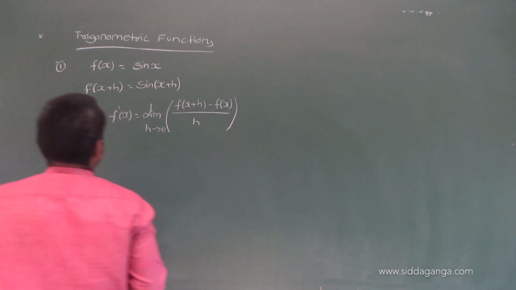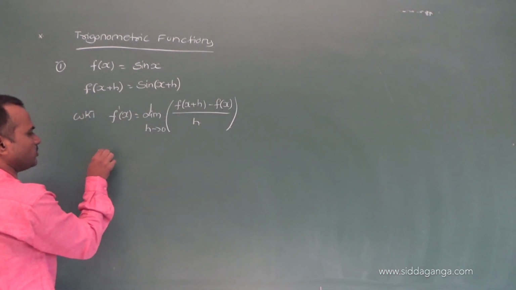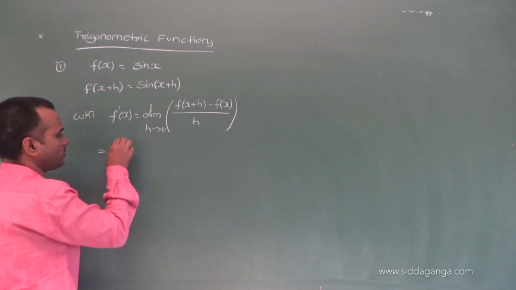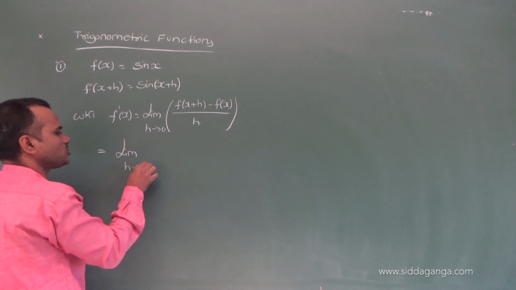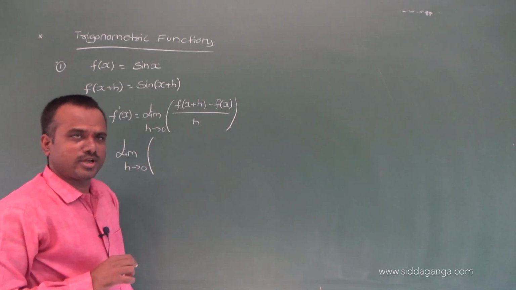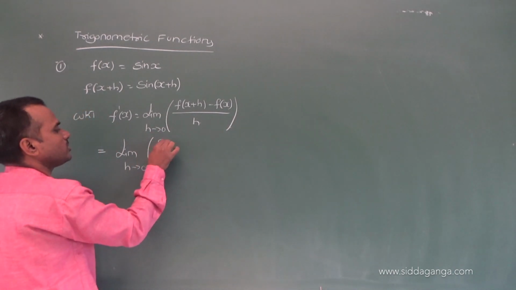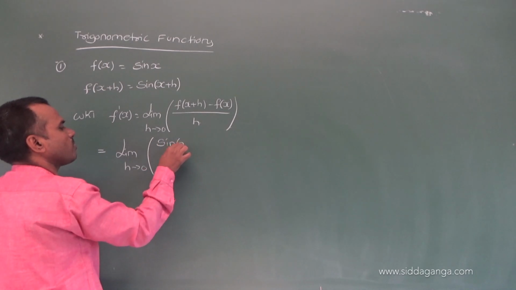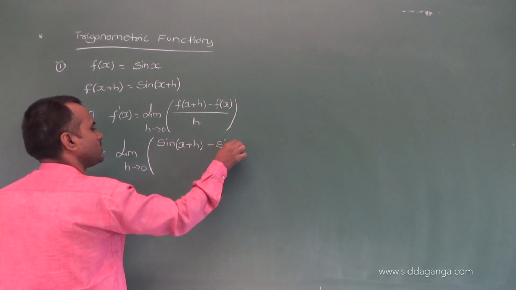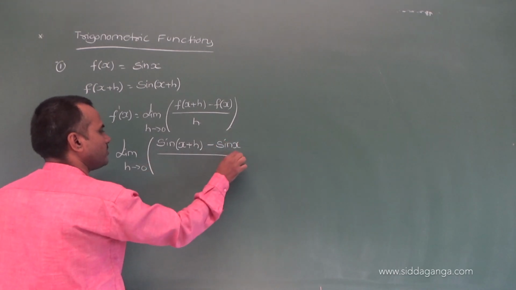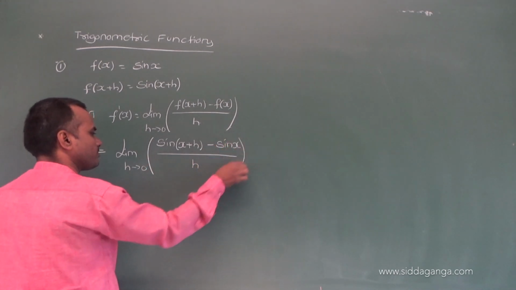So substitute here: that is equal to limit h tends to 0, sin of x plus h minus sin x divided by h.